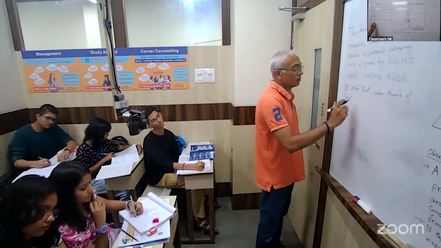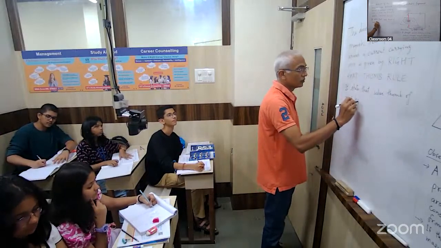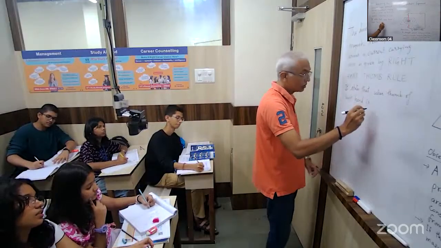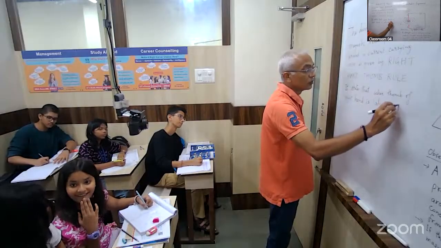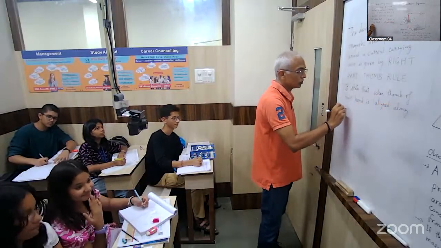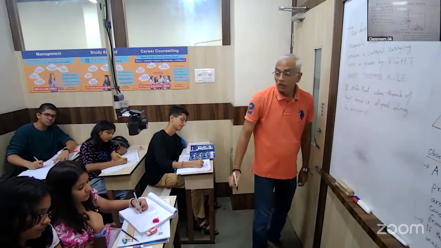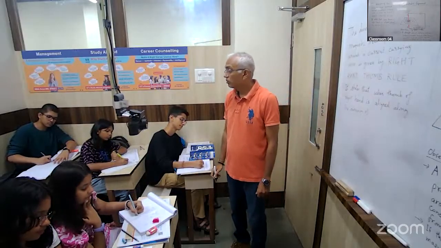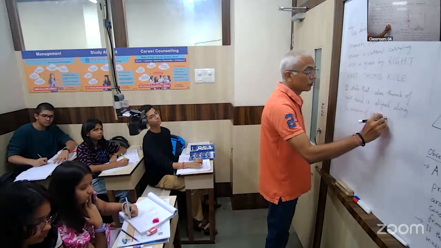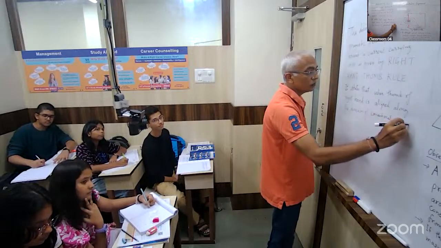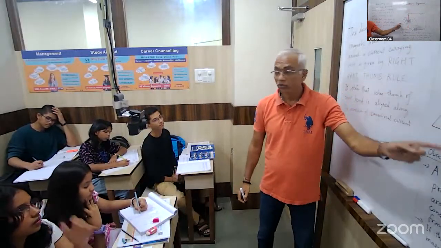It states that when thumb of the right hand is aligned along the direction of current. Which current? Conventional current. Always remember, direction of conventional current. What is the direction of conventional current? High to low, outside the cells.